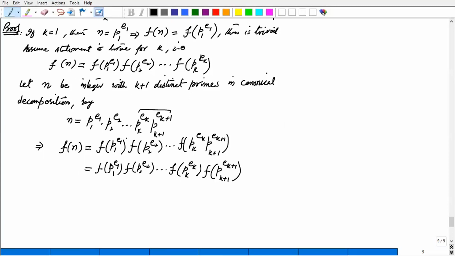Now we have proved that this statement is true for k+1 factorization as well. So by the principle of induction, this statement is true for any positive integer n.